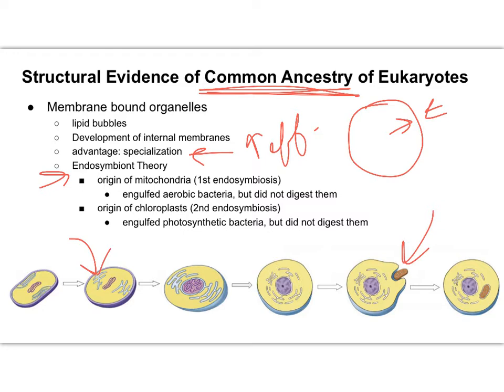The second endosymbiotic event was when the chloroplast was engulfed. So the photosynthetic bacteria this time were engulfed, and again, they were not digested. It was mutually beneficial for both of them. The smaller bacteria got resources so that it could do photosynthesis. It was protected, while the larger cell was getting food.